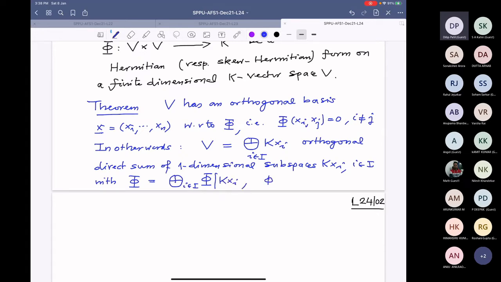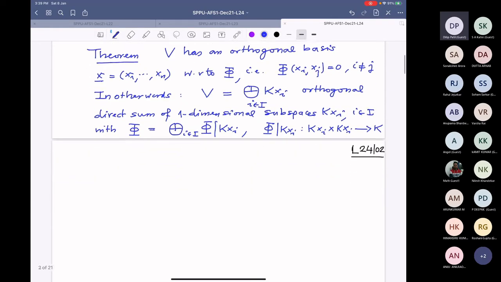That means when I restrict this form phi to this Kx_i, it is a form on this one-dimensional subspace. So this is exactly the same construction as probably we would have seen in the standard vector spaces with the standard forms, and they are usually called inner products. So I will not prove this because we don't have enough time.